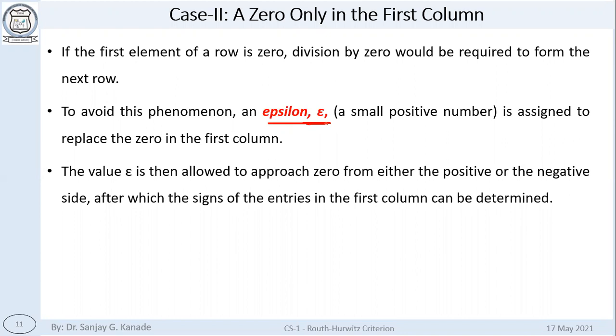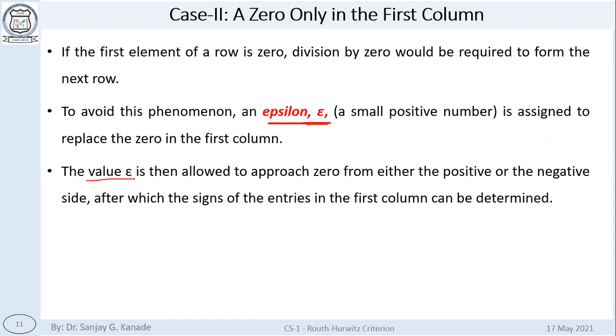Epsilon is kept as it is for the time being for calculating the further elements of the rows. Once the array is completed, the value of epsilon is allowed to approach 0, meaning we simply take the limit of the first column elements as epsilon becomes 0.